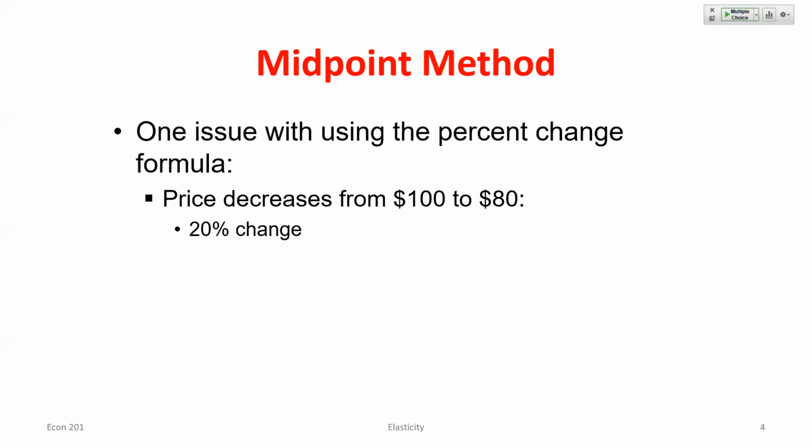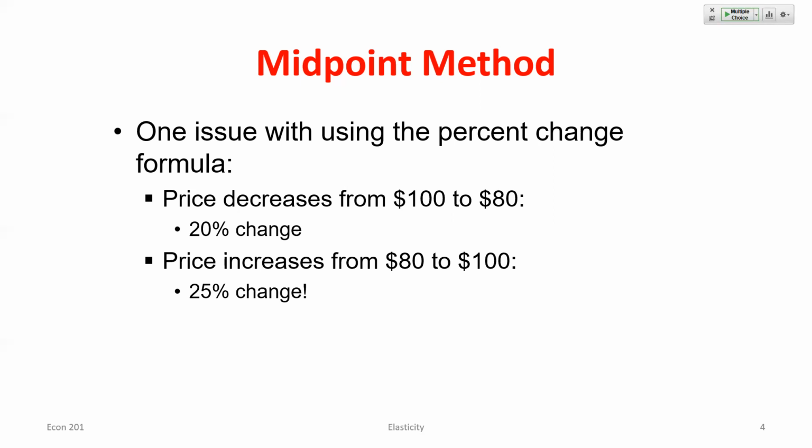We started out at 100, it fell by 20. 20 over 100 is 0.2, so it's 0.2 of the original value, which is 20%. Move that decimal point 2 places or multiply it by 100. However, if we went the other direction, going from 80 to 100, my price went up by 20, but my starting point now was not 100.